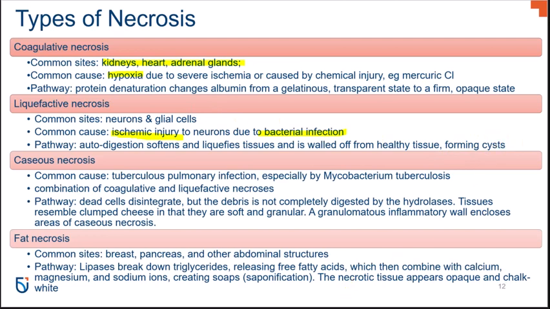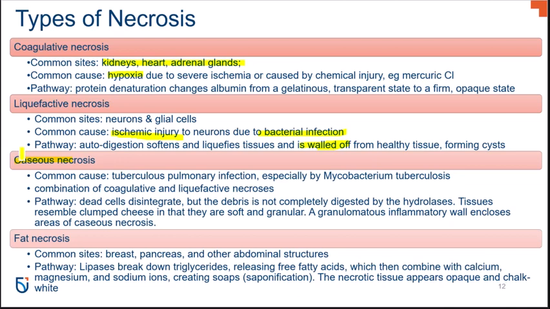So the affected tissue is walled off from that healthy tissue, forming cysts. Caseous necrosis usually results from TB or tuberculosis bacteria. So someone that's had a tuberculosis pulmonary infection, which can be caused by Mycobacterium tuberculosis.